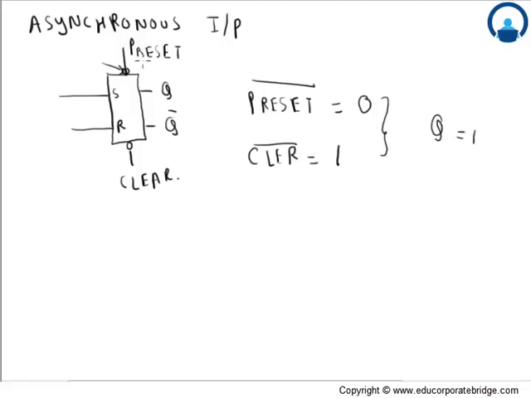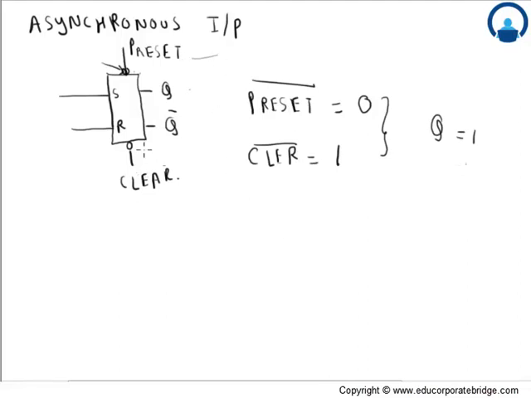To select the preset bar we have to give the value 0, so that the clear bar will not be selected. So if we don't want to select the clear bar, we give preset bar equal to 0 and clear bar equal to 1. Then we get the output Q equal to 1. That is, here preset is selected.